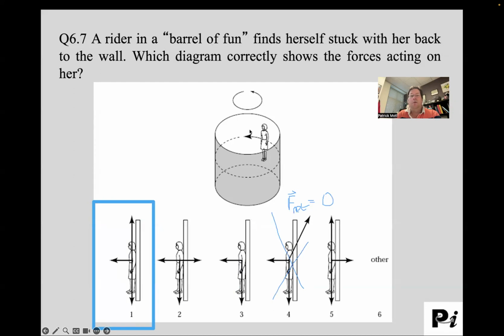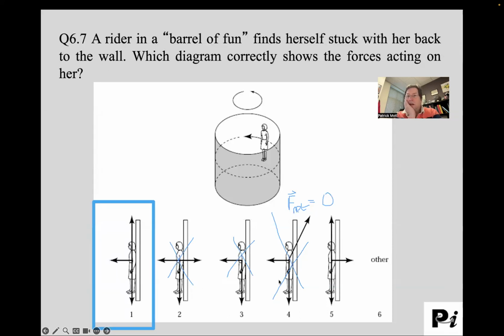We go right through the wall like some sort of ethereal being. That is not plausible. All right, so not 4. Let us observe that 2 and 3 both give you a net force that has a component down. So these are going to be falling to your death. So not a barrel of fun, a barrel of mess. So not 2, not 3, not 4.